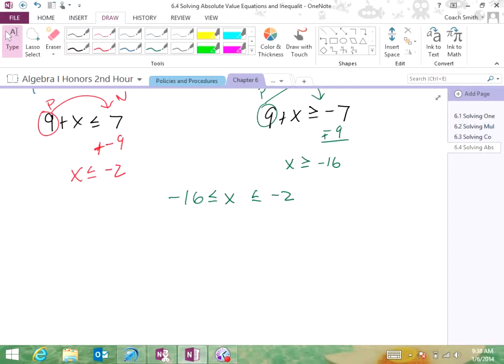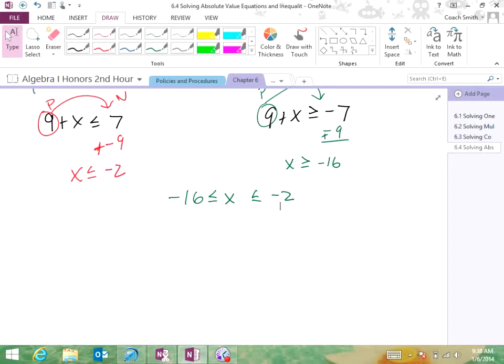So I can make those two things function. They can mesh together. Okay? And therefore, that is just a regular AND statement. That is a regular AND statement.